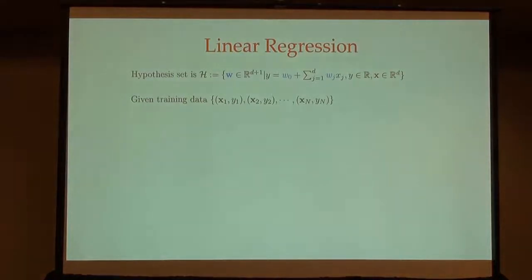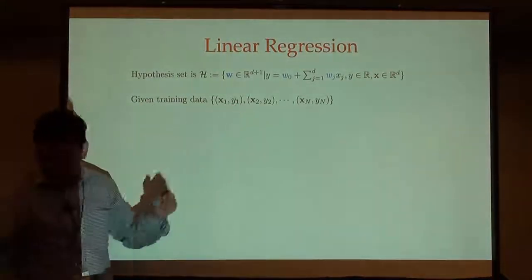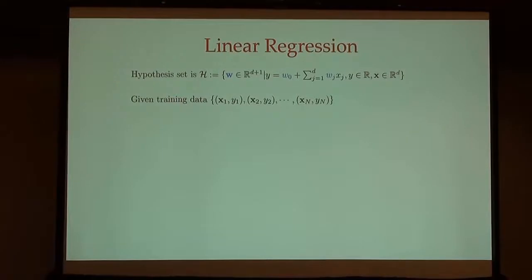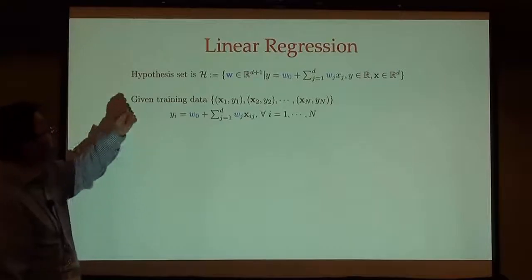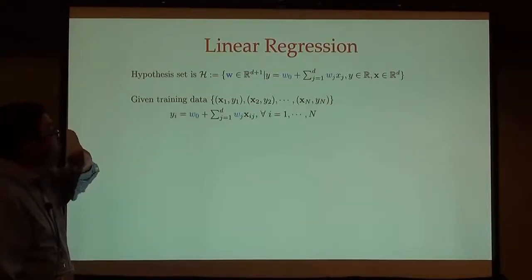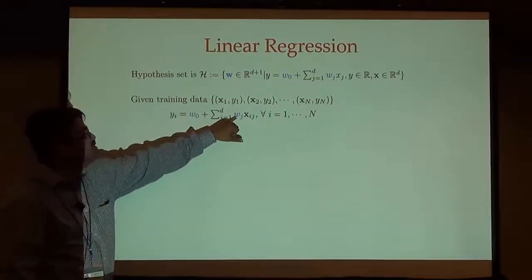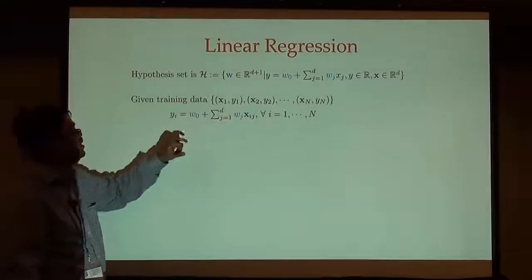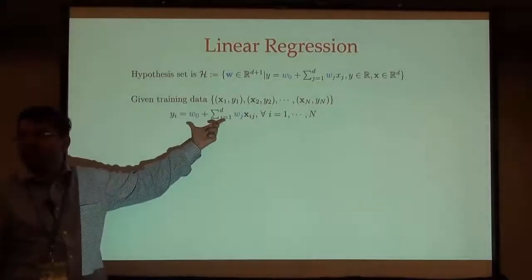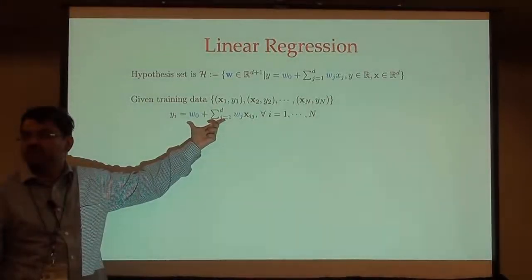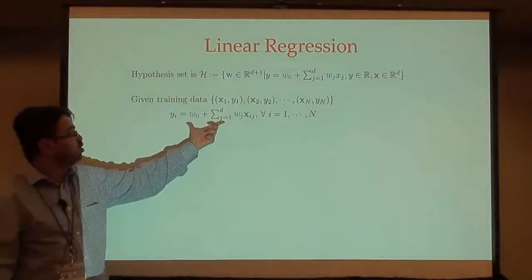Okay. So we are given this data, or the training data. What do you want in the linear regression problem? You want values of W0 and Wj such that each one of these data points satisfies this linear relationship. So that's your goal.